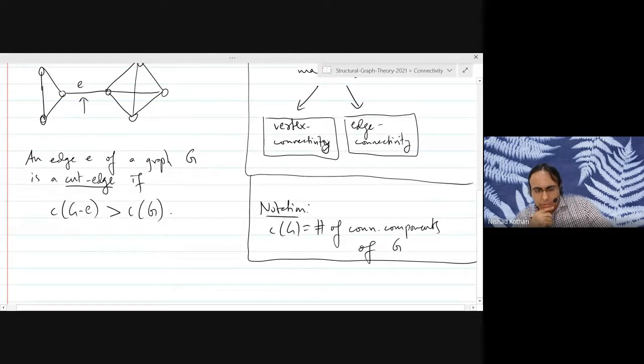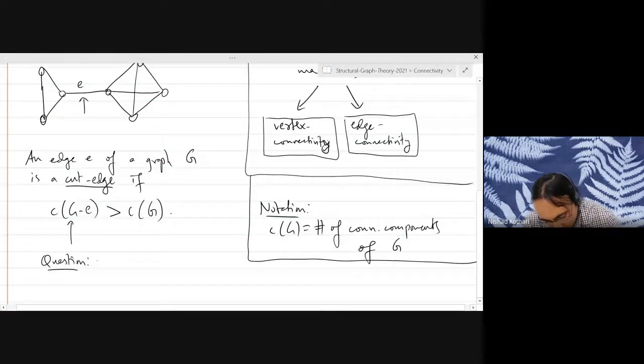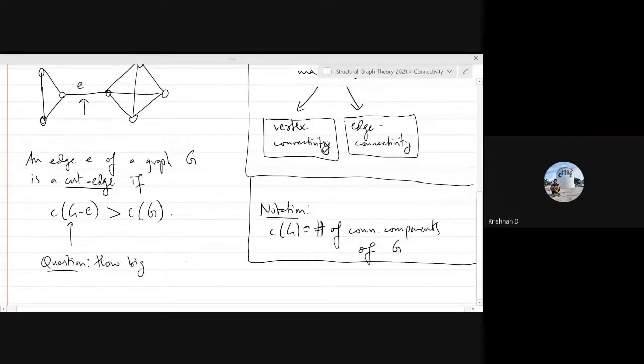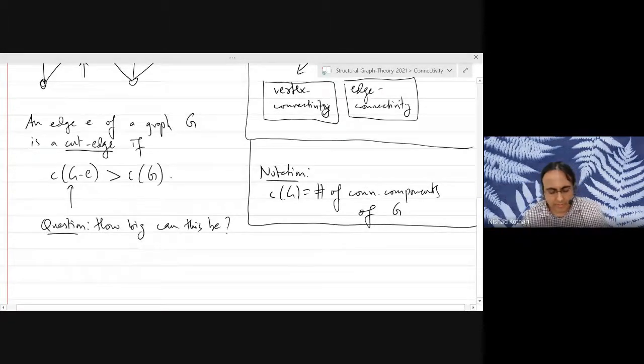So I have a question. How big can this quantity be? c(G) plus 1. Exactly. If it is greater, then I think on assignment 0 you have already shown that it will go up by exactly 1.